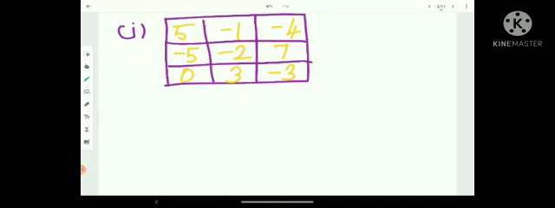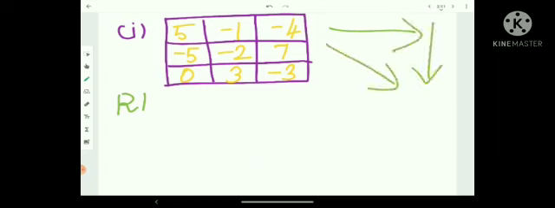So we have to find whether it's a magic square. In a magic square, every row, every column, every diagonal has the same sum. First we'll check row 1. R1 means row 1. Row means horizontal wise, column means vertical wise, diagonal means crosswise.